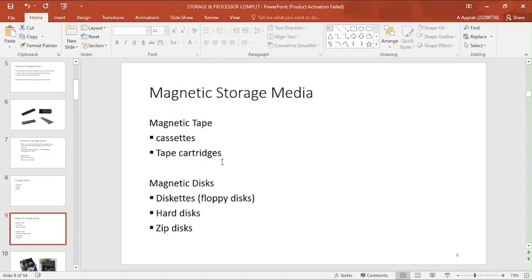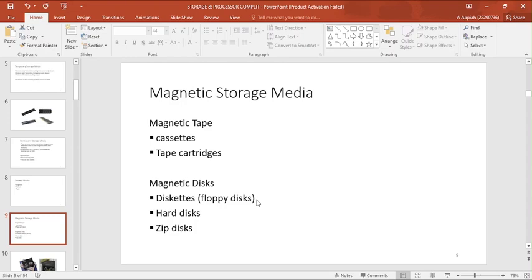We can also talk about tape cartridges. Then we also have the magnetic discs, which is different from the magnetic tape. Under the magnetic discs, we can talk about the diskettes, which we used to call floppy diskettes or floppy disks.